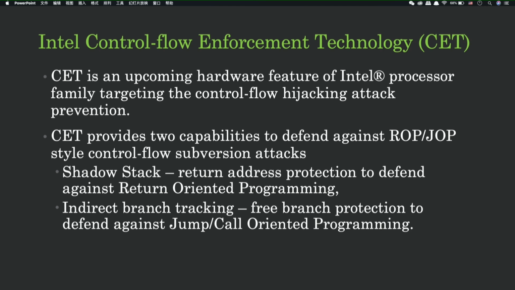For the front edge, Intel introduced the so-called indirect branch tracking, so that when any indirect call is made, it compares the address. And then for the back edge, we have this shadow stack concept already. That is implemented in hardware now.